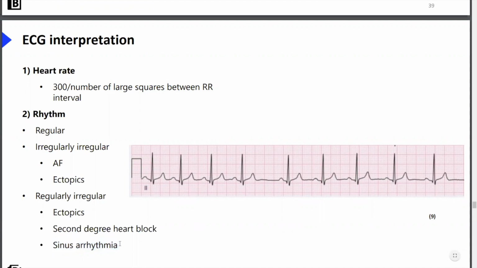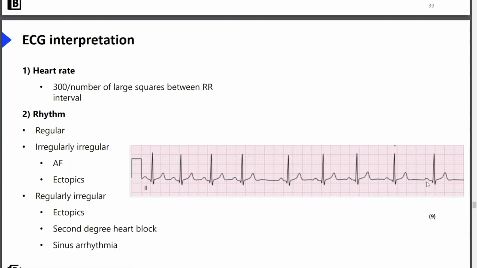When a patient takes a breath in, I believe their heart rate increases, and when they breathe out, their heart rate decreases. But I might have got that the wrong way around. I'm pretty sure it is that way around. You typically see it in young people, completely normal. It's due to vagal nerve activity changing based on respiration, and that's why when you breathe in and out, your heart rate changes slightly, and that can give you these rhythm changes.